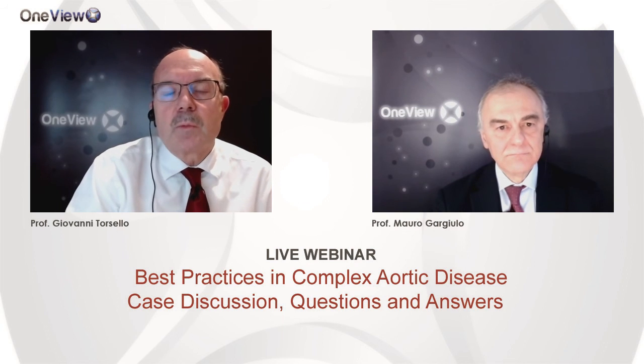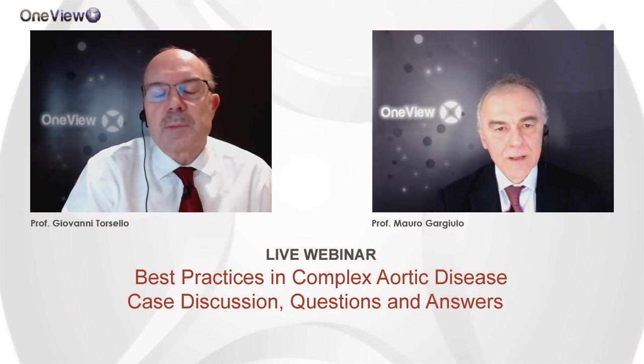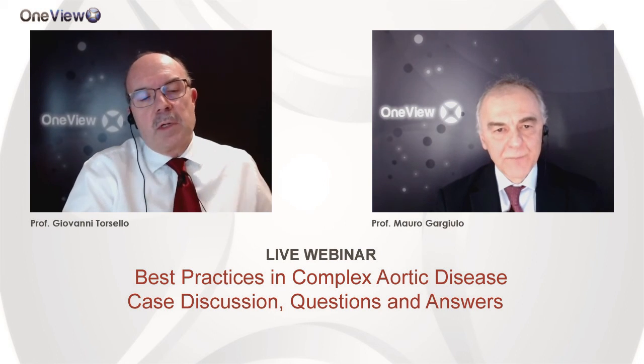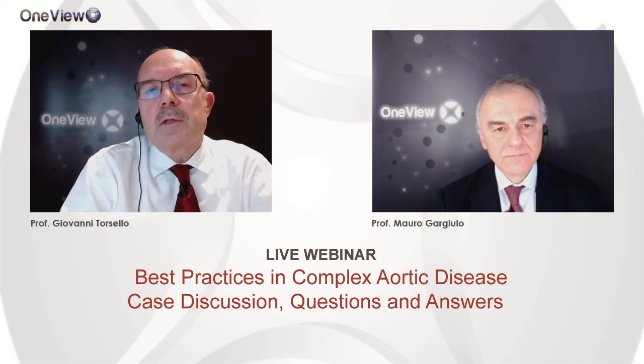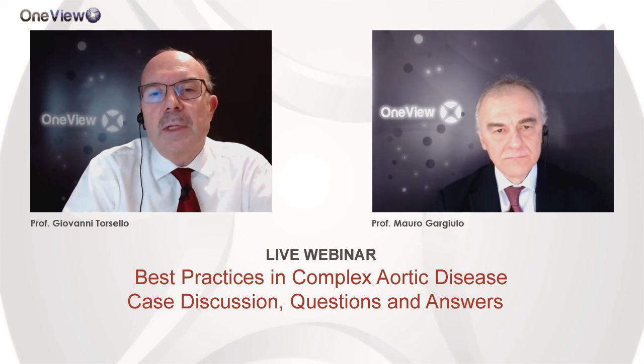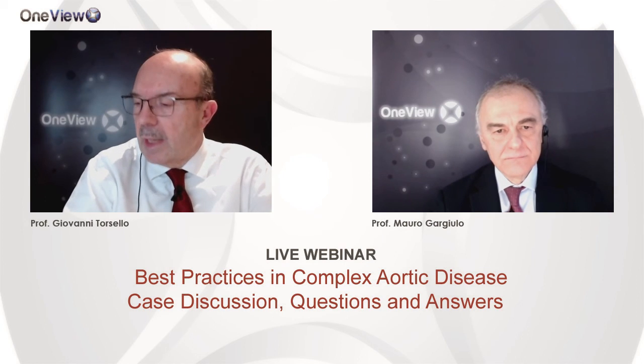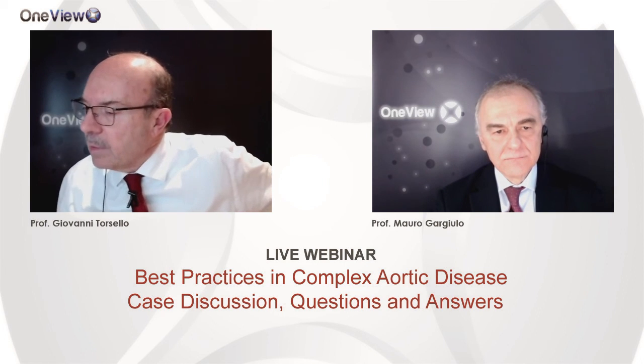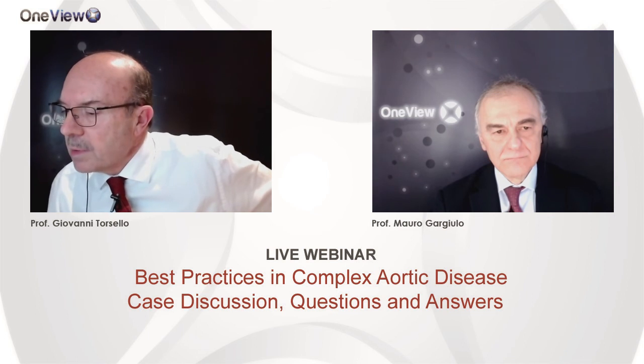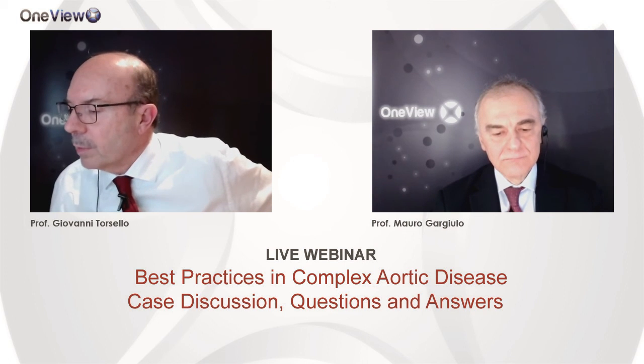especially in patients with thoracoabdominal aneurysm treated with BEVAR. So how can we avoid a type 1C endoleak in such patients? And I had a very interesting question from John.